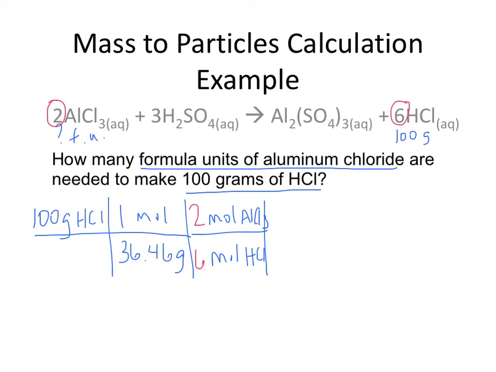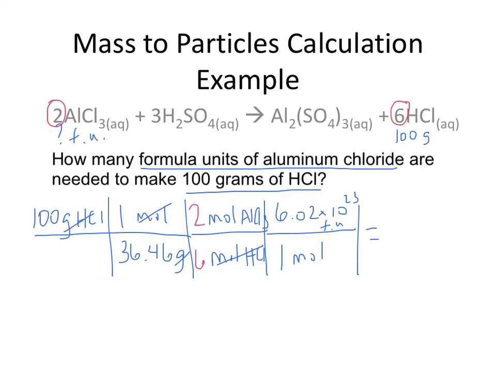After that, we have canceled out our grams, canceled moles of HCl. We're left with moles of AlCl3. So we're not done because we want formula units. Our next step is there are Avogadro's number of formula units in 1 mole. So we use Avogadro's number, formula units in 1 mole, and then we do our calculation.